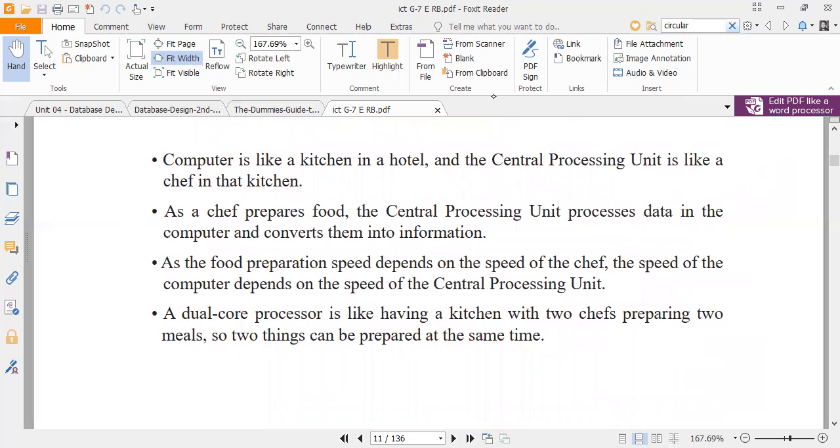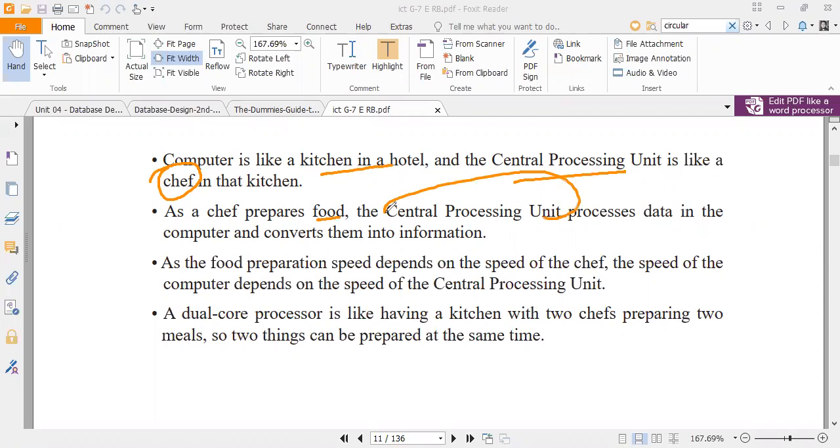A computer is like a kitchen in a hotel, and the central processing unit is like a chef. The chef is one of the important employees in a hotel, right? The chef prepares food.